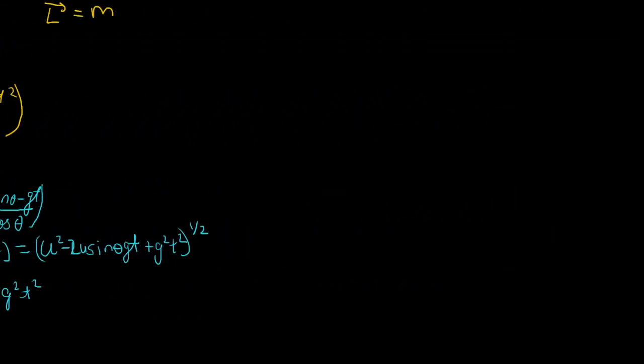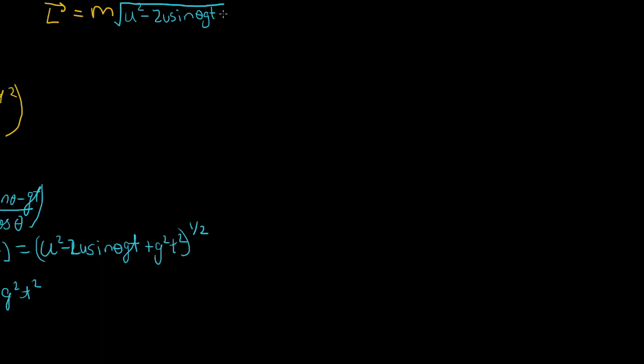Okay, this is going to be a long expression. It is going to be the magnitude, which is the square root of u square minus 2u sine theta gt, u square minus 2u sine theta gt plus g square t square.